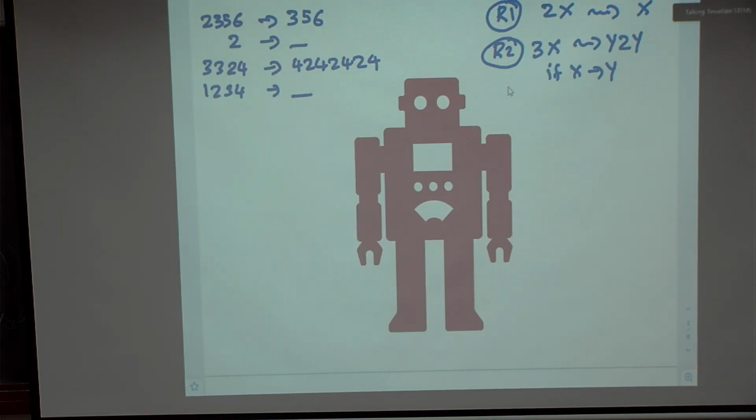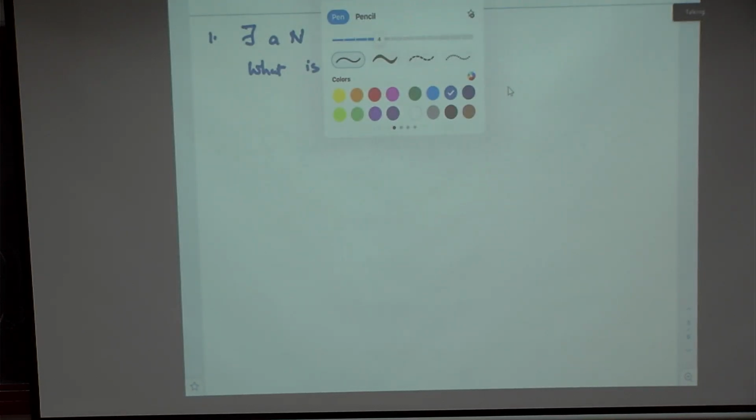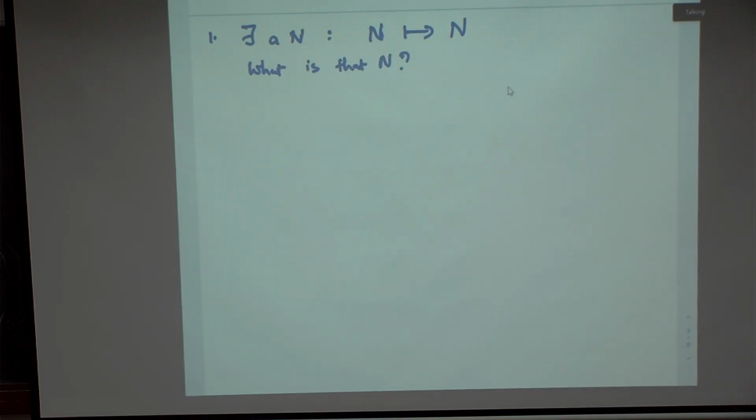The first question is, there is a number such that when you give this number as the input, the output you are going to get is exactly the same number. What is that number? That is the question. Find it.